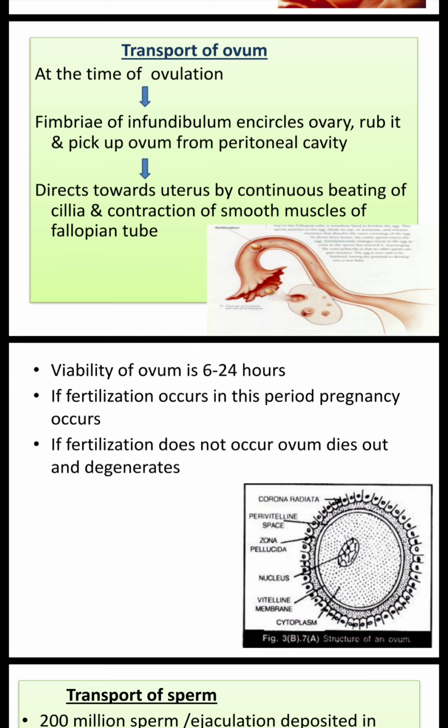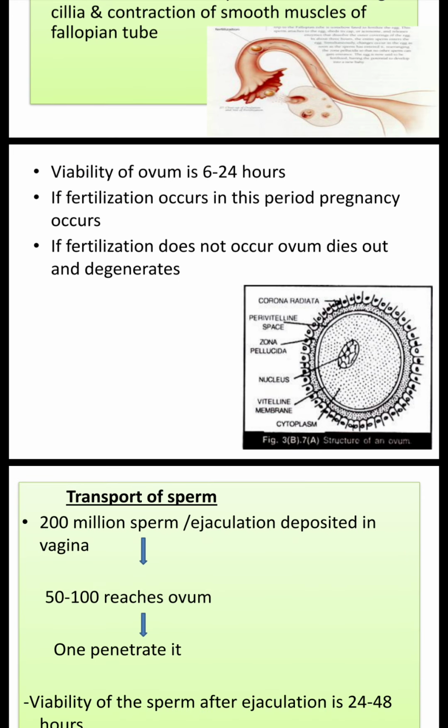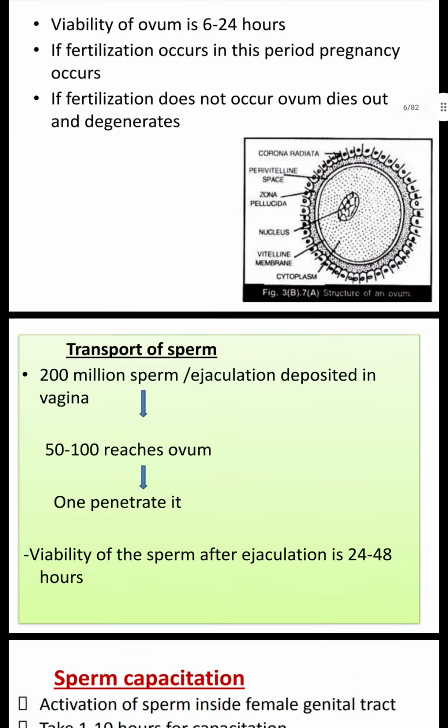The viability of the ovum is 6 to 24 hours. So if fertilization occurs in this period, pregnancy will occur. If fertilization doesn't occur, the ovum will die out and degenerate.